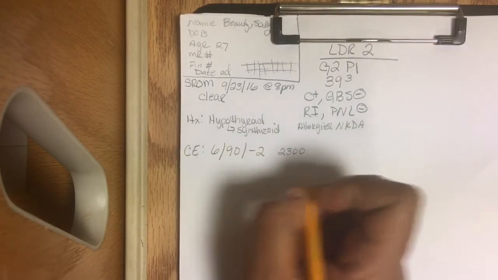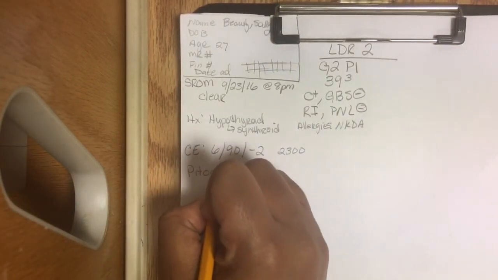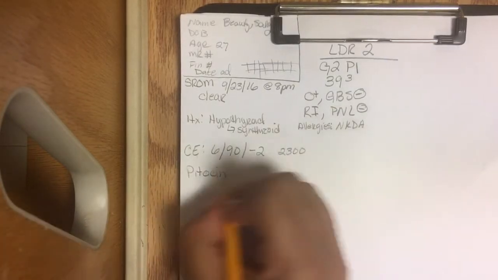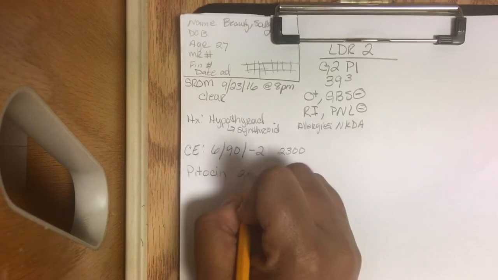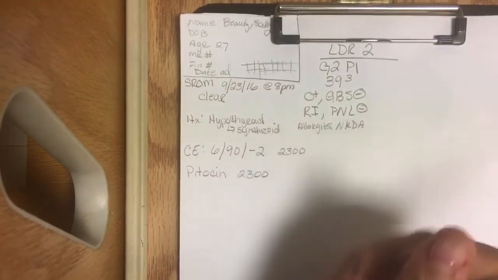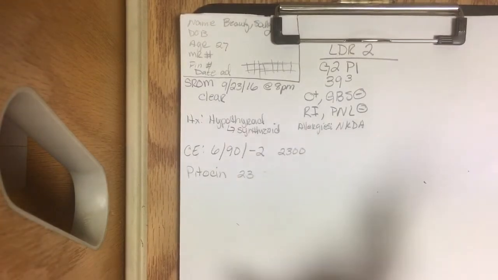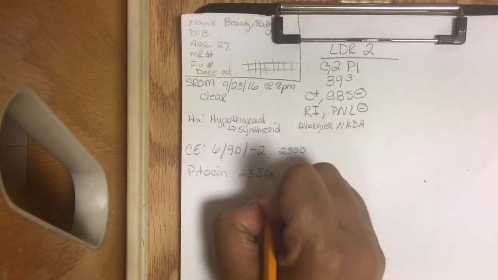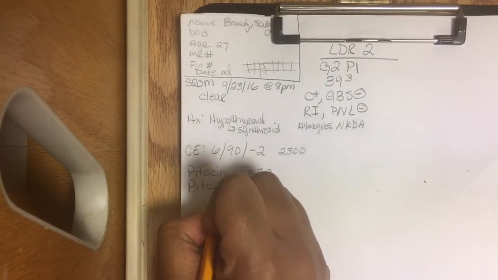And her Pitocin. We need to know what time it was started. So Pitocin was started at 23:30. Now we need to know how much Pitocin she's on.